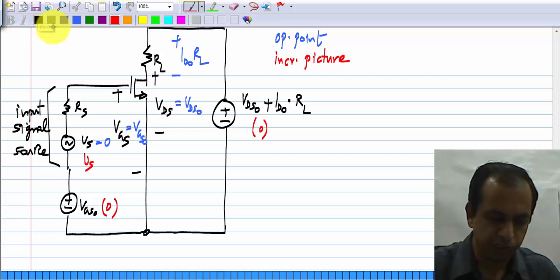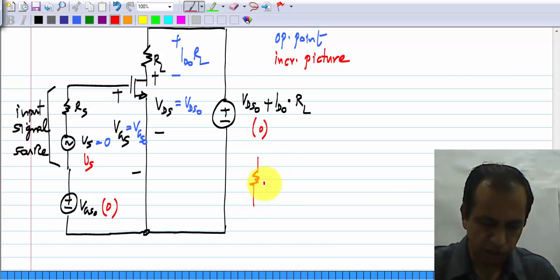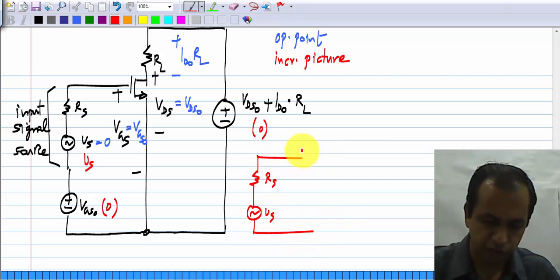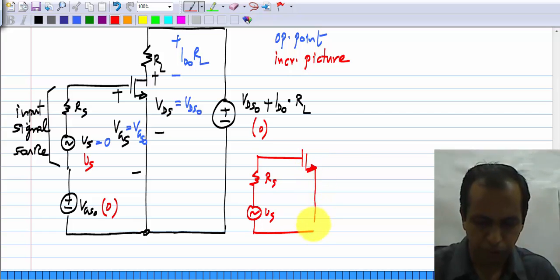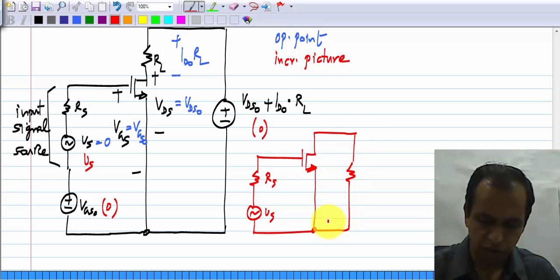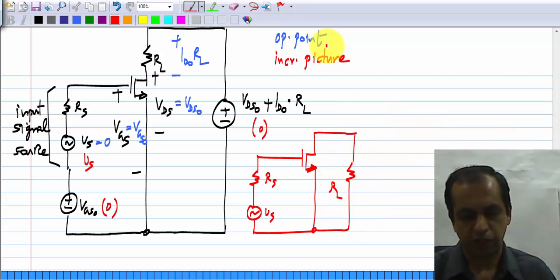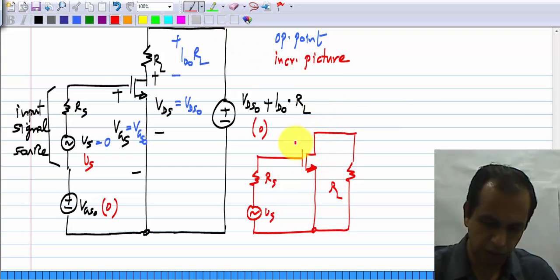So, the incremental picture reduces to what we want. And again, I will show the MOS transistor here. It means that for incremental calculations, you have to substitute the small signal or incremental equivalent of the MOS transistor. Okay.